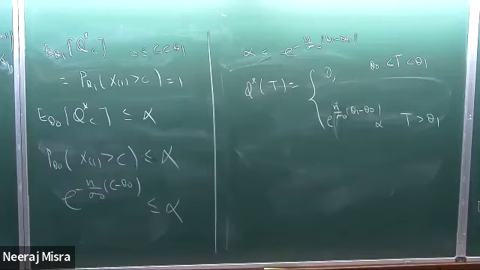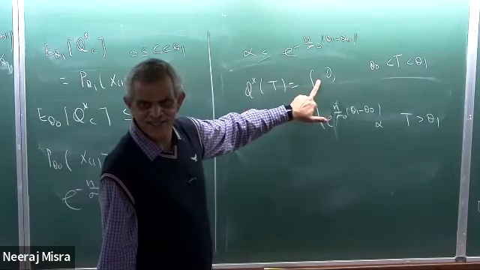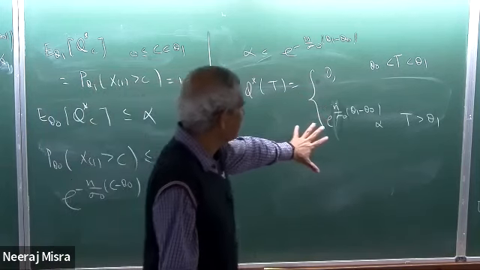Okay, so now let's try to find some other tests. Certainly, in the region where phi star of t is 1 or 0, I cannot do anything. So only in this region I can do it.